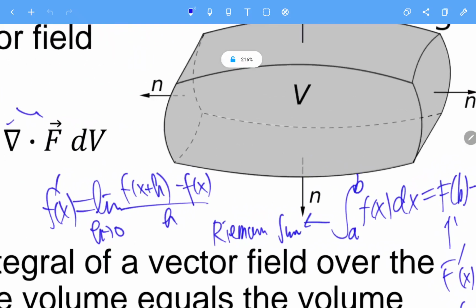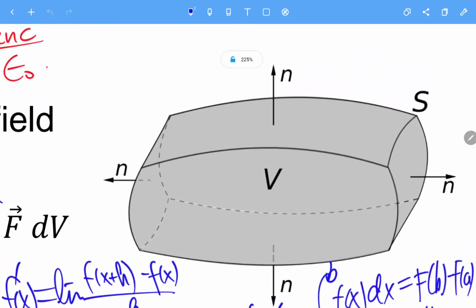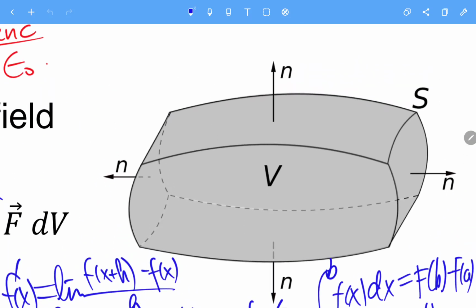And maybe one physical interpretation for this one is, just now I mentioned that when you consider a point, we determine how much of f is flowing out from that point.